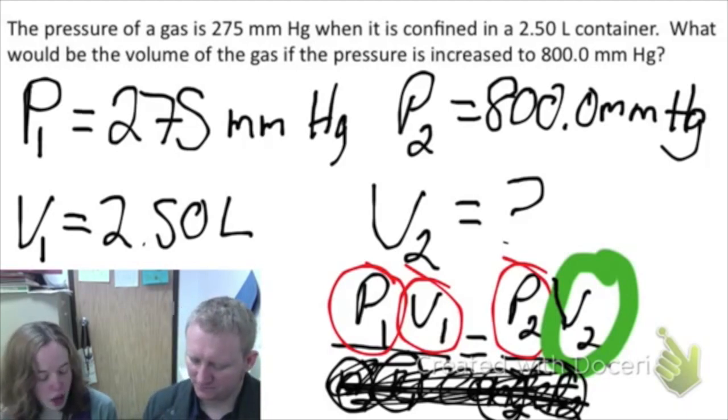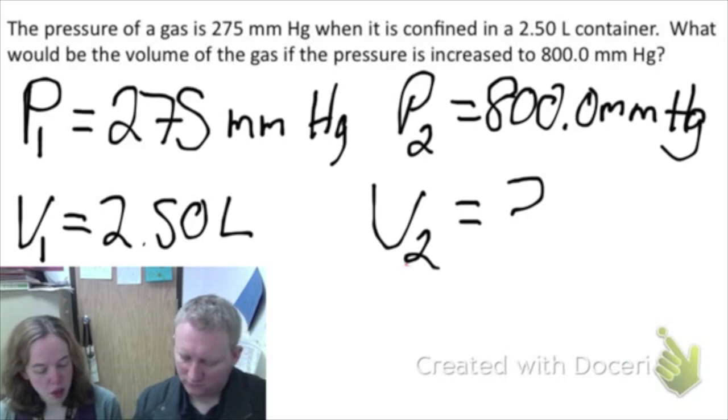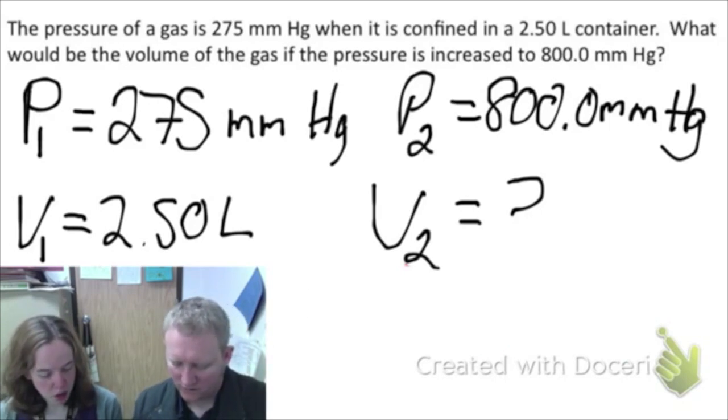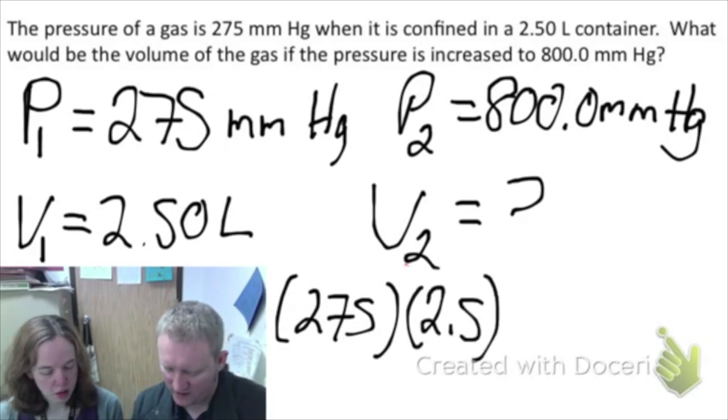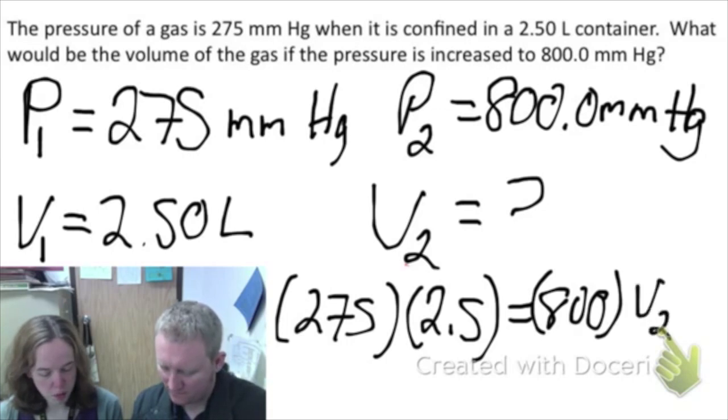Right. So now what we're going to do is plug in what we know and do some algebra. So P1, which is our 275, times our V1, which is the 2.5, equals our P2, which is 800, times our V2, which we don't know.